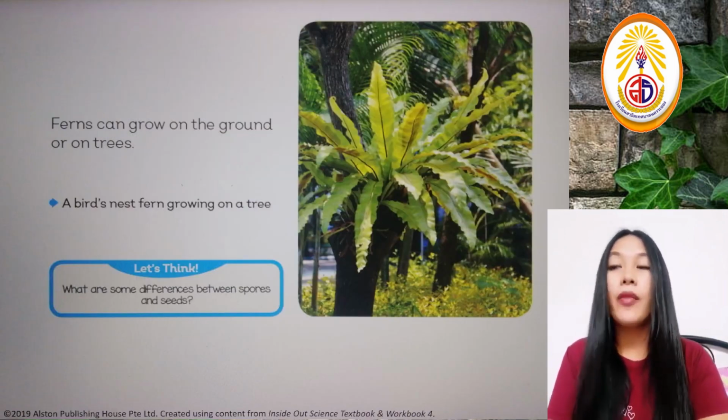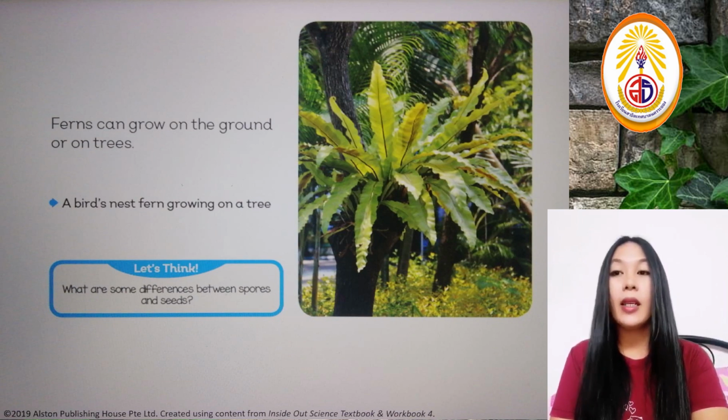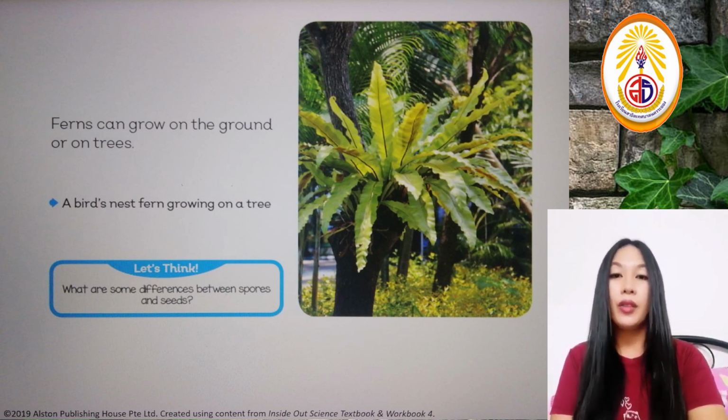Ferns can grow on the ground or on trees. Basically they can grow on other plants, and they can also grow on the ground. A bird's nest fern growing on a tree is what you can see on the picture right now.